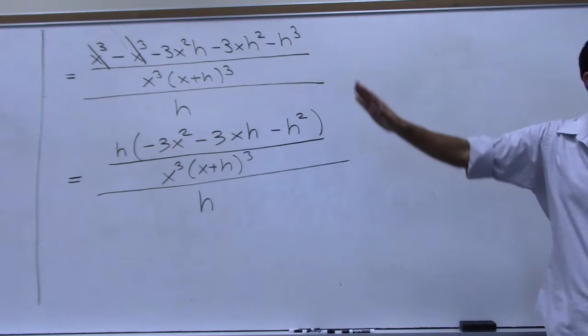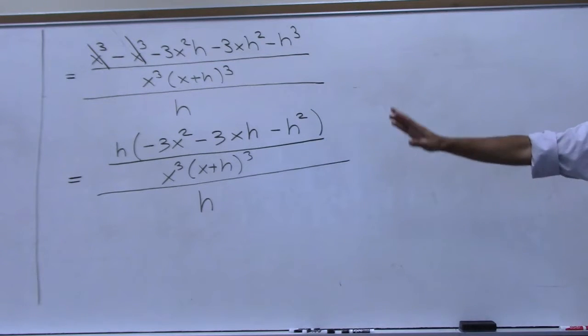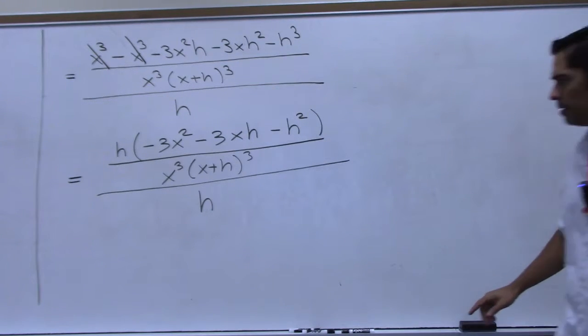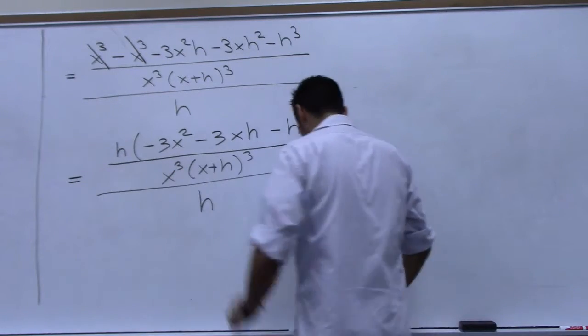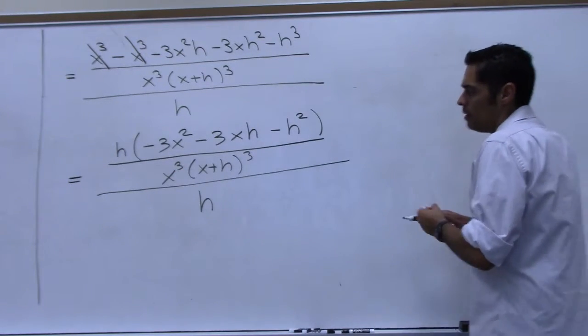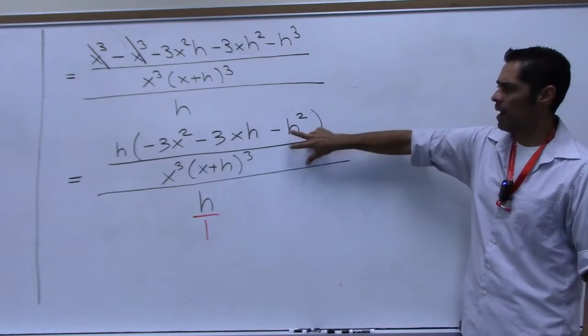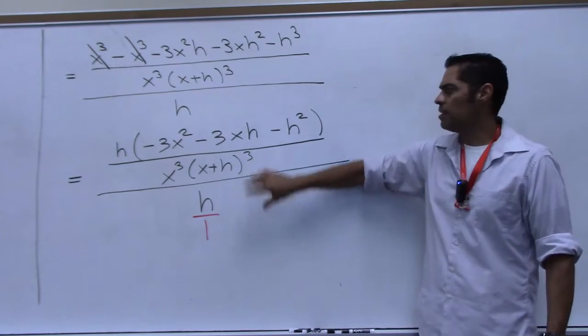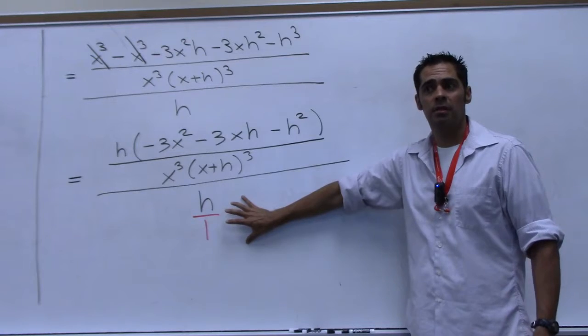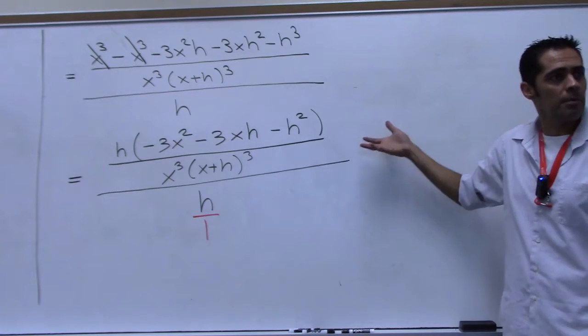Can those h's cancel? What do you think? Can this h and this h cancel? Well, isn't this the same as a fraction over a fraction? Isn't that the same thing, a fraction over a fraction? So isn't this a fraction divided by a fraction? And isn't that the same as multiplication of the reciprocal?